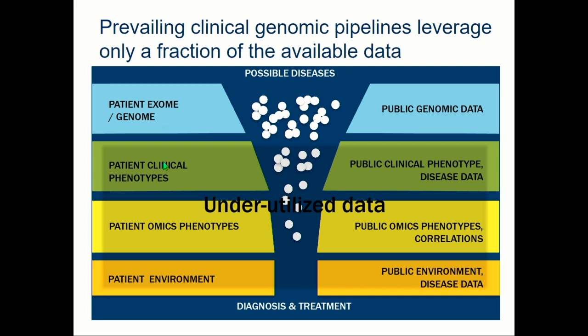Bringing together the patient phenotypes and public reference databases of genotype to phenotype associations can be useful. And then moving forward, we really want to start bringing in other omics data sets, and possibly when we move on to common disease, the environmental factors, to improve our ability to use genomics to diagnose patients.